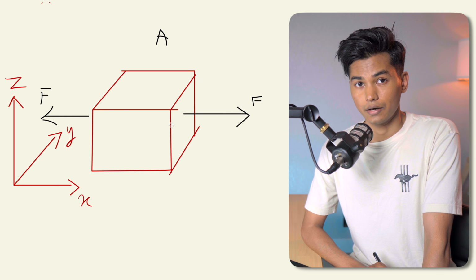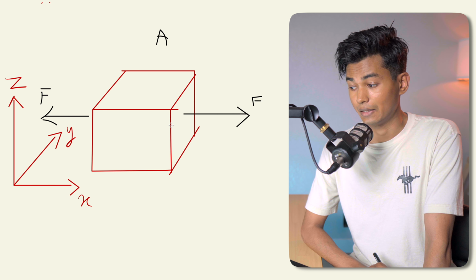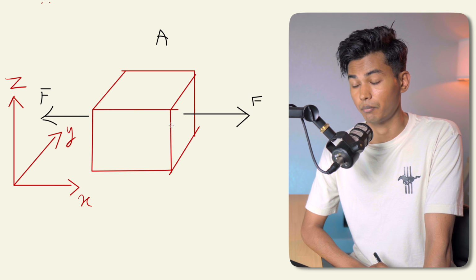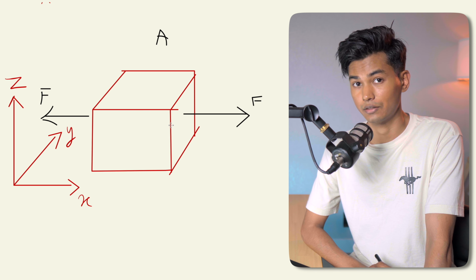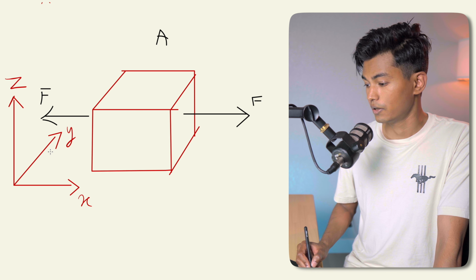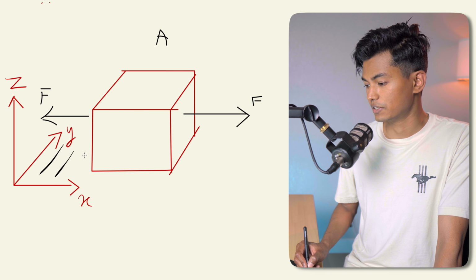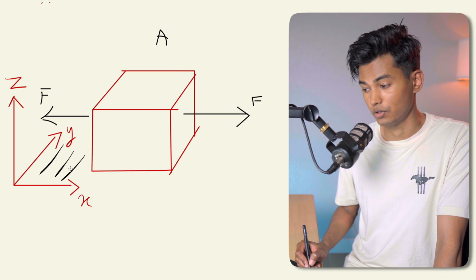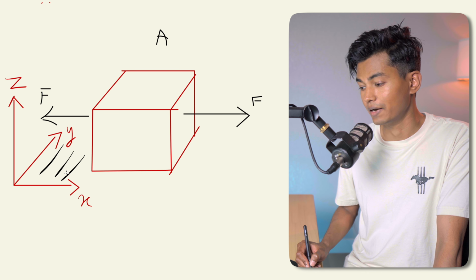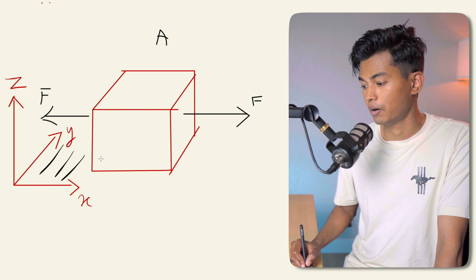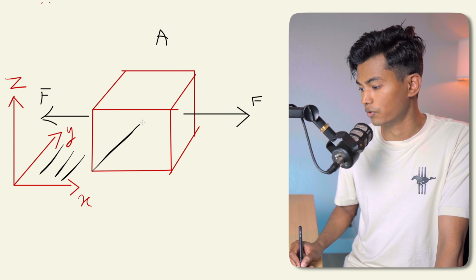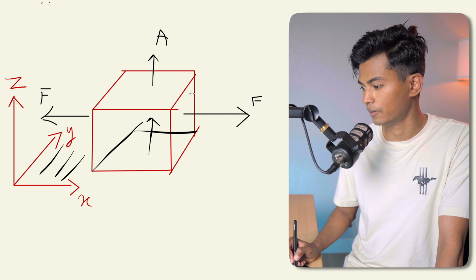There are two areas which are really important because we are having a 3D space. So there's an area which is parallel to the force, or the direction of that area is perpendicular to this force. I'm talking about this area or this area.